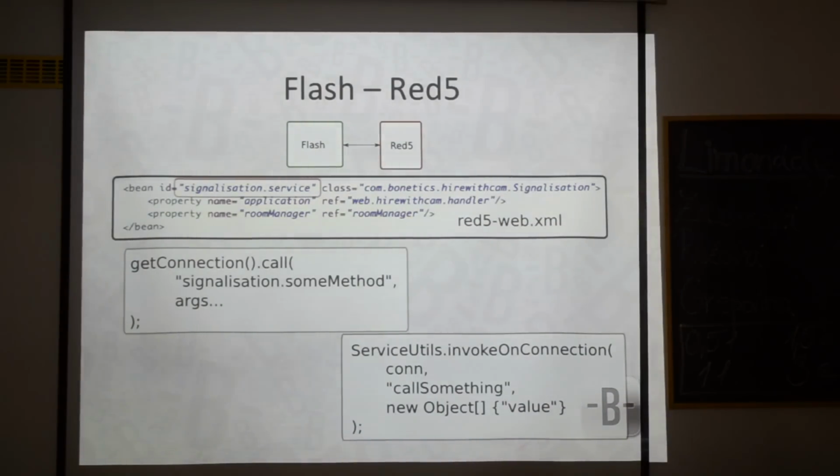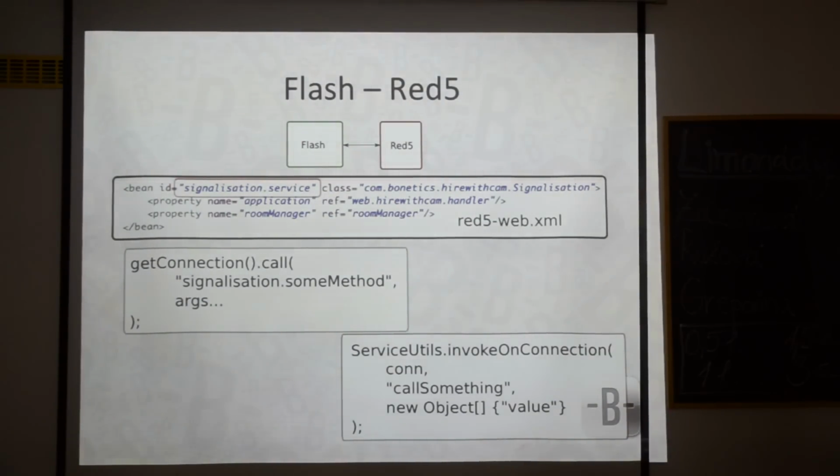So from this moment, when you start your Red 5 application, the signalization class is actually responsible for all the incoming calls from Flash. After you do this, you can call any method that you have implemented in the signalization class from Flash.